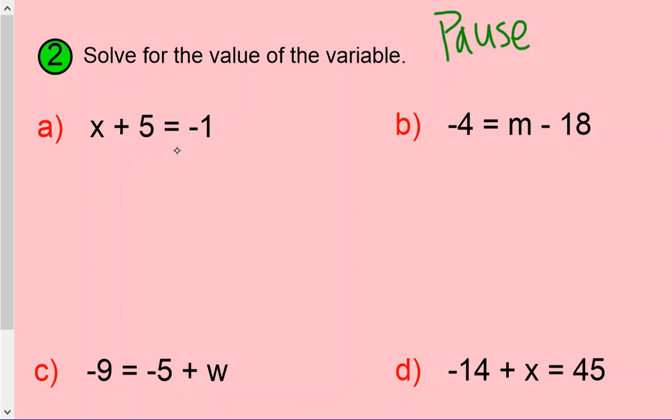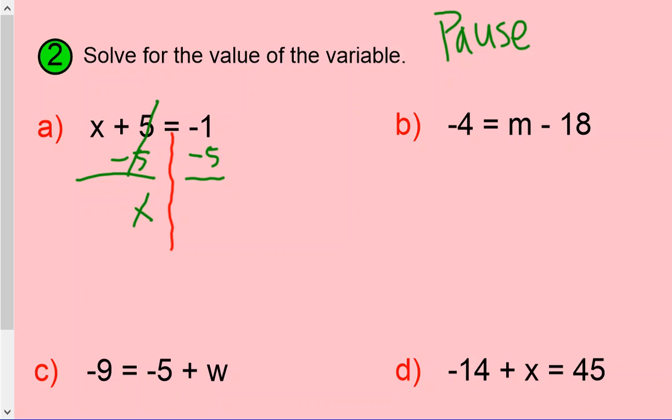Alright, for the first one, we have x plus 5 equals negative 1. Okay, so I have x plus 5, so I'm going to do the inverse operation there. So that's going to be minus 5. Whatever I do to one side of the equation, I must do to the other. So then we would be left plus 5 minus 5 equals 0, so those cancel out.